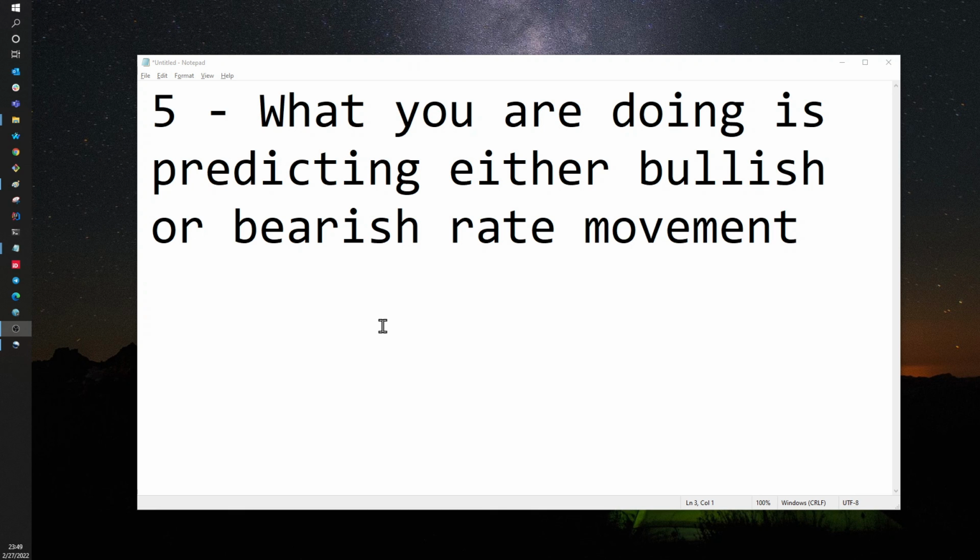Let's call it going long or going short. If you think the exchange rate is going to go up, you're going to go long, which equates to a buy in TradingView. If you think the exchange rate is going to go down, you're going to go short, and on the trade window in TradingView you would click sell. But you're just speculating on the rate movement.